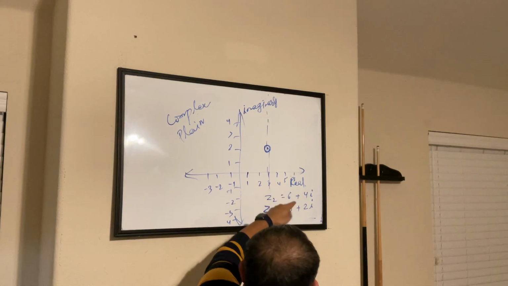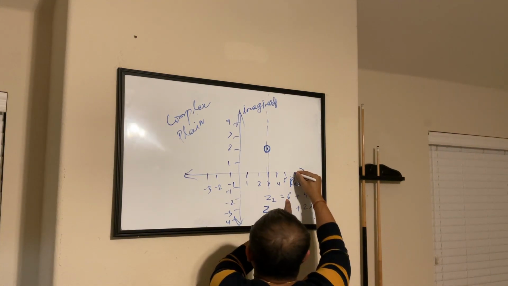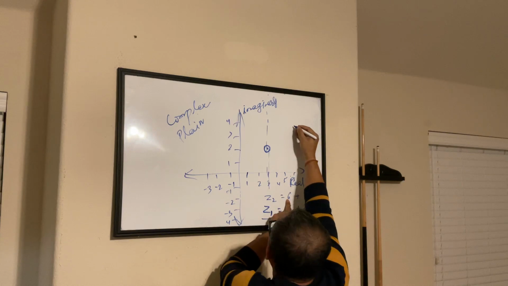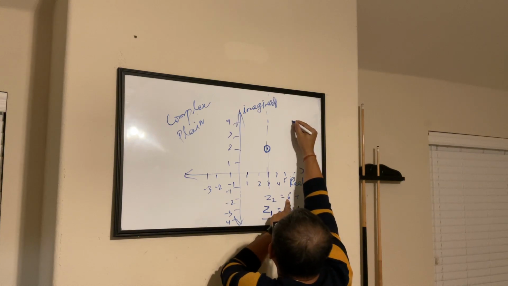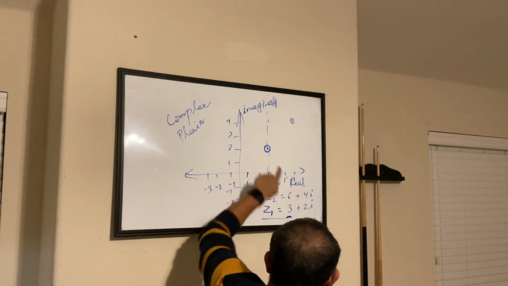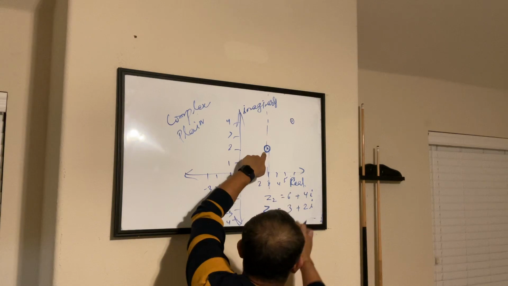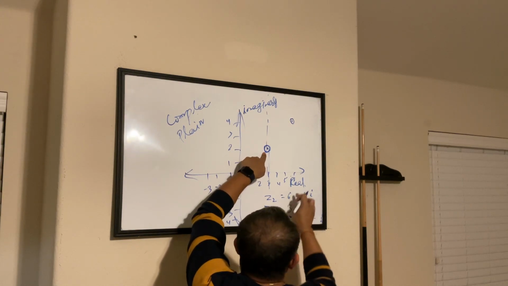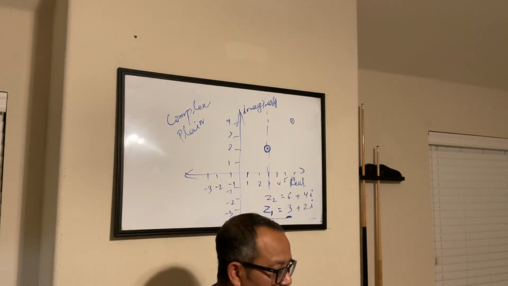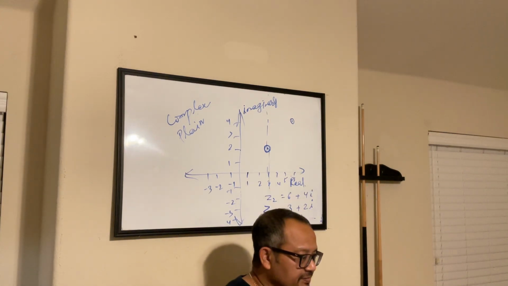So 6 plus 4i, what will be the point? 6 here on the real axis, 4 on the complex axis. This is the point. So this was my first complex number, which is here, 3 plus 2i, and this is my second complex number, which is 6 plus 4i, which is here. No confusion with respect to why I've chosen those points, correct?